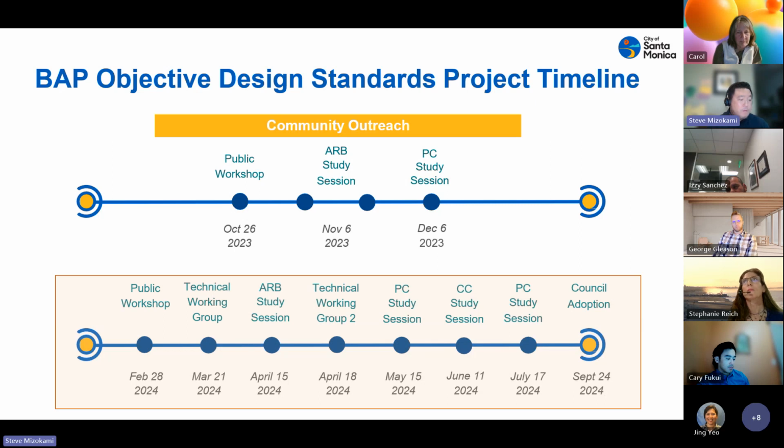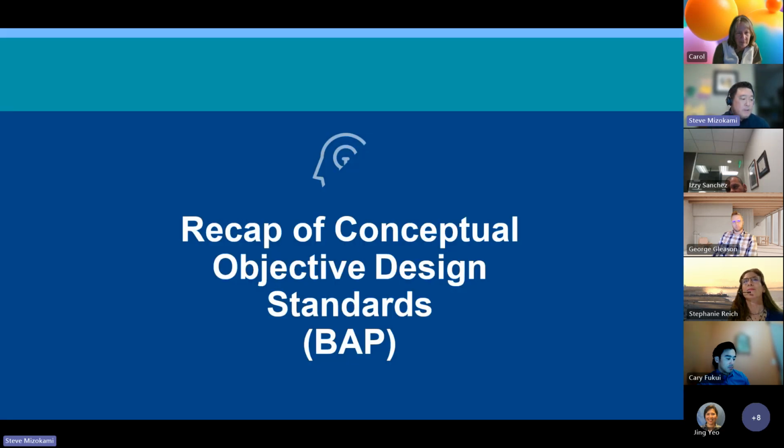And so moving on to the next section, Stephanie is going to go through a recap of these conceptual standards that we've developed so far and go into a few questions for the groups about design. So I'll hand it off to Stephanie.